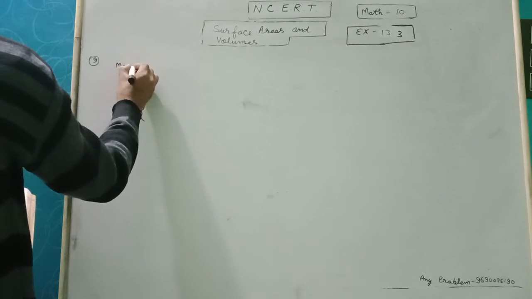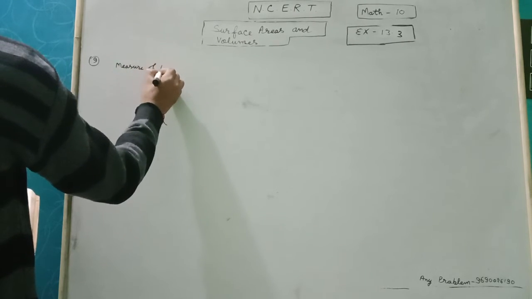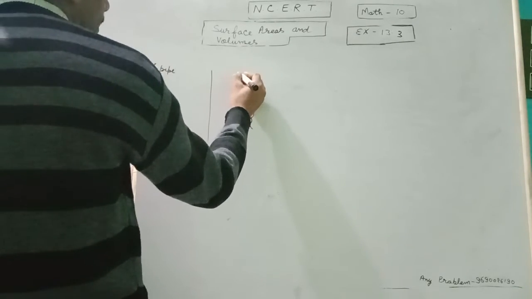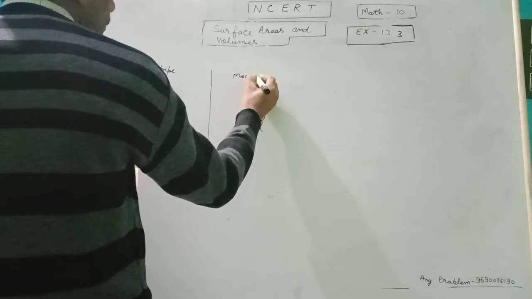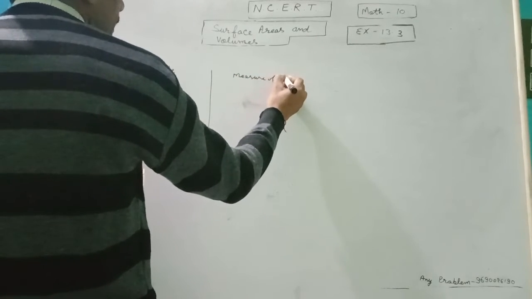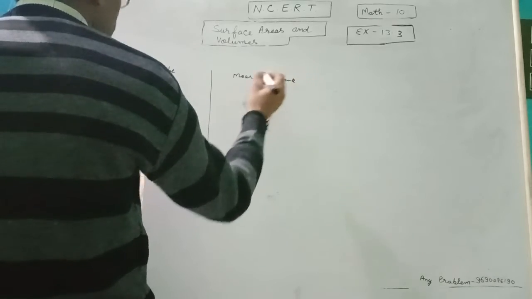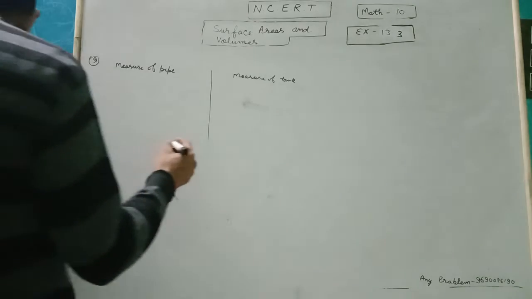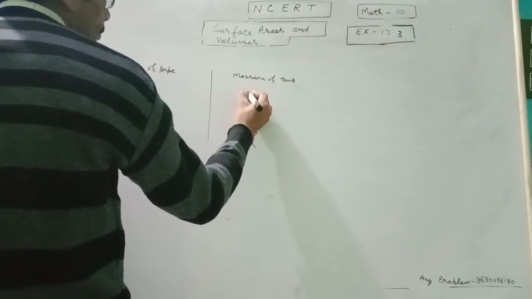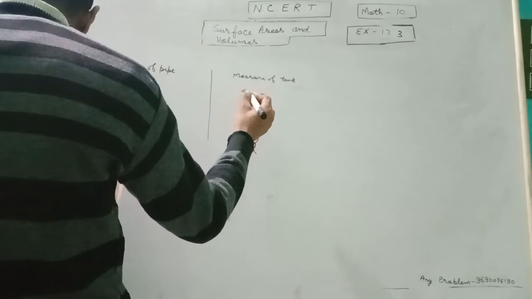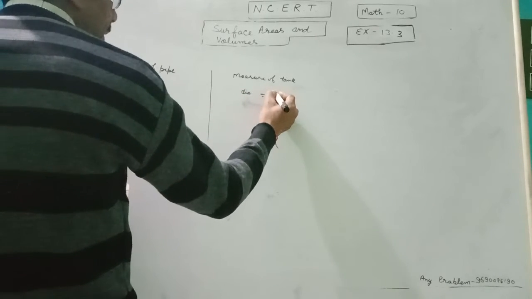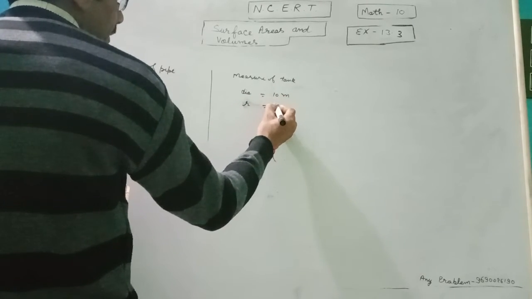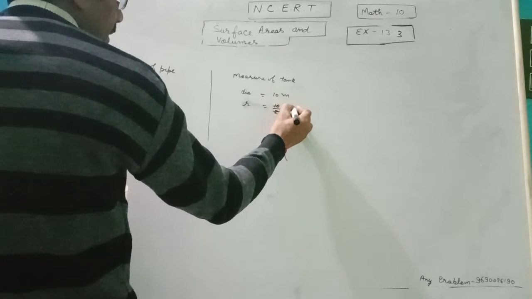Measure of the tank: the tank is cylindrical, diameter is equal to 10 meter, radius will be 10 upon 2, which is 5 meter.